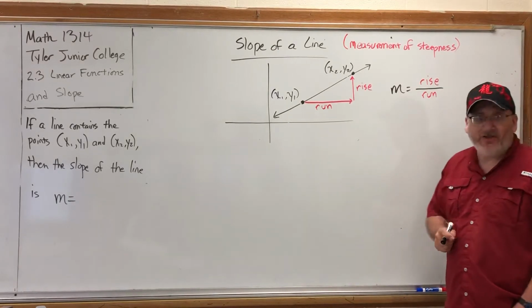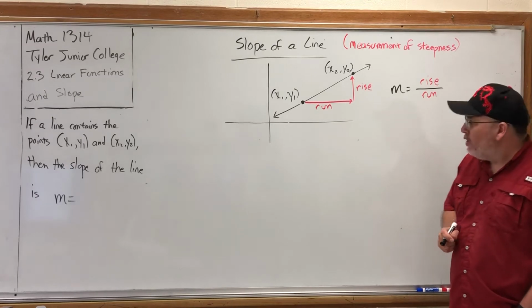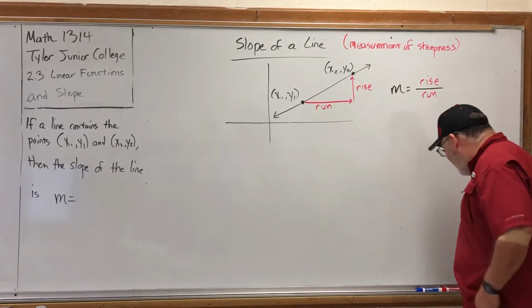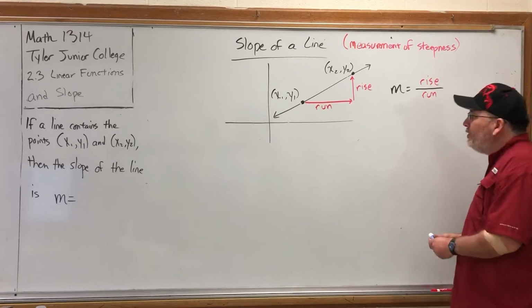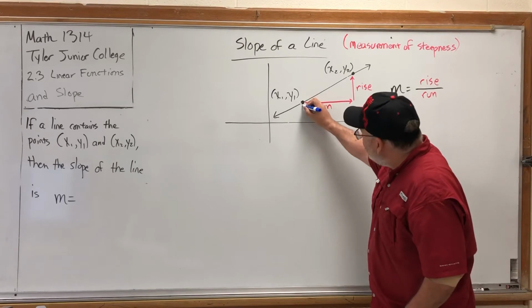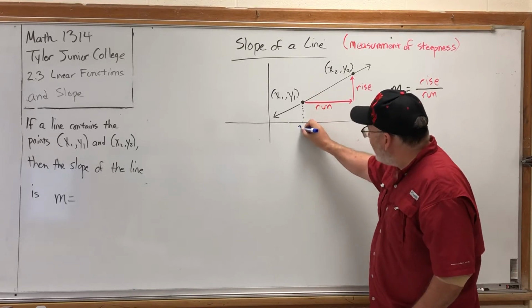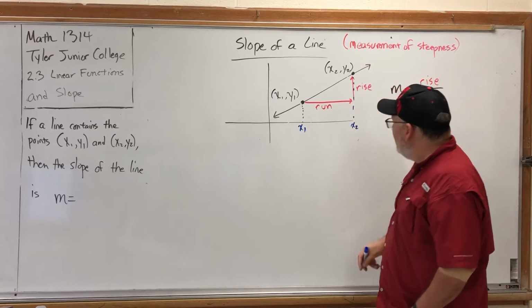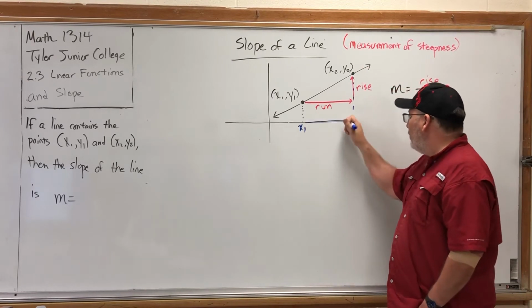We're just missing one important thing. How do you calculate the run and the rise? Remember, we're assuming that we're starting with two ordered pairs. Well, think about the run in terms of its x-coordinates. Specifically, if I were to project each x-coordinate down to the x-axis, x1 and x2, then the run is just how far apart these are.